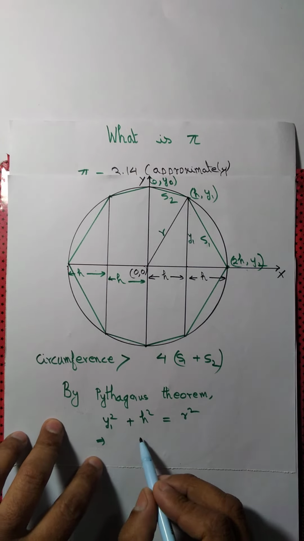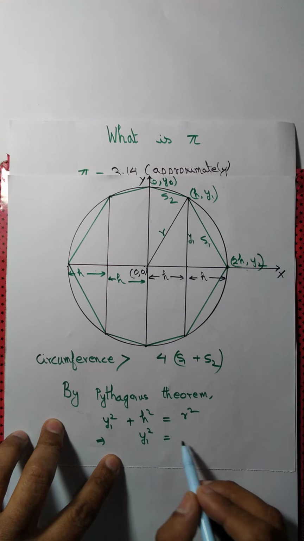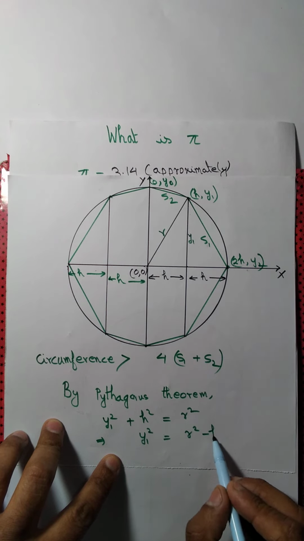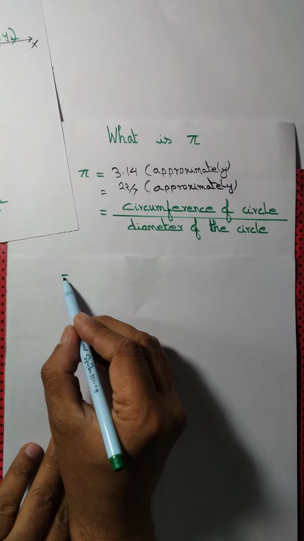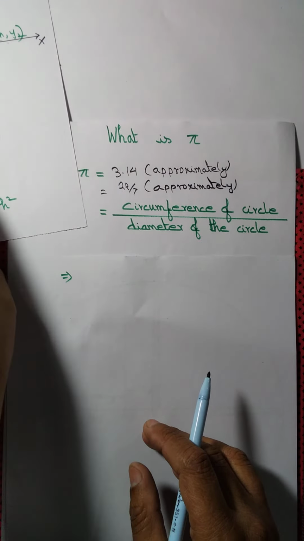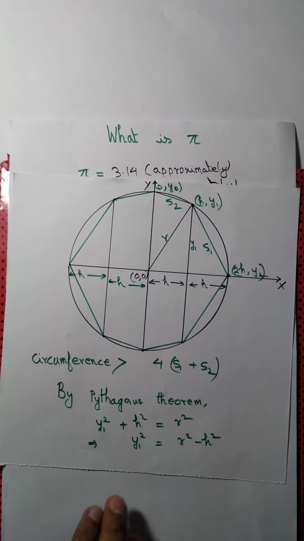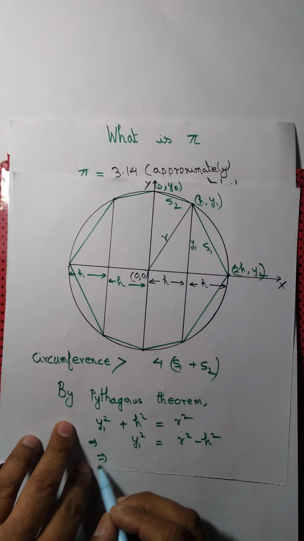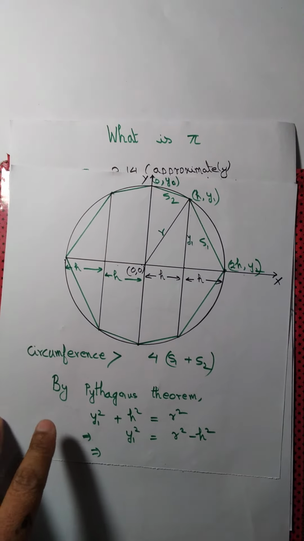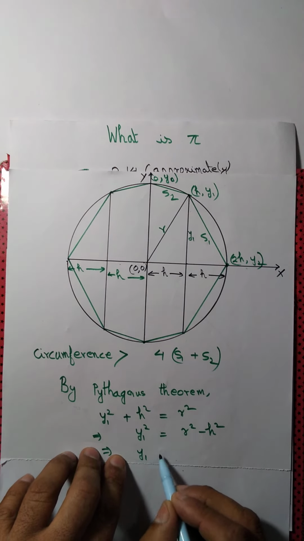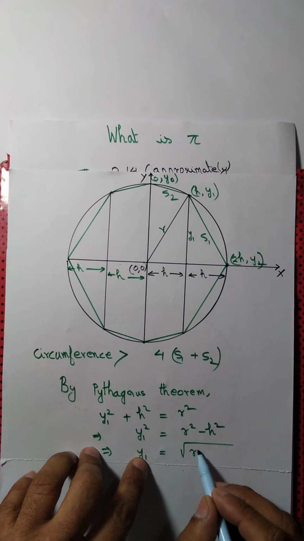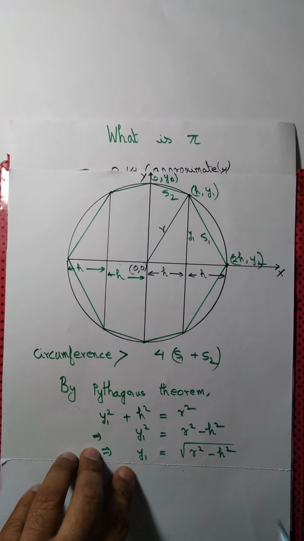So that implies y1 square equal to r square minus h square. And so you get y1 equal to root over r square minus h square.